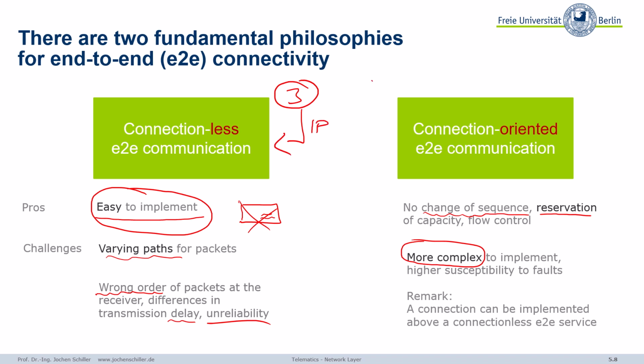But we'll also see that layer 4 offers with TCP connection-oriented communication, like the telephone network with connection setup phase and tearing down the connection, etc. So indeed, you can implement a connection-oriented service on top of a connectionless service. Okay, but for now, we mainly focus on connectionless communication because that's the way the internet does it on layer 3, and here we are on the network layer, the layer 3.